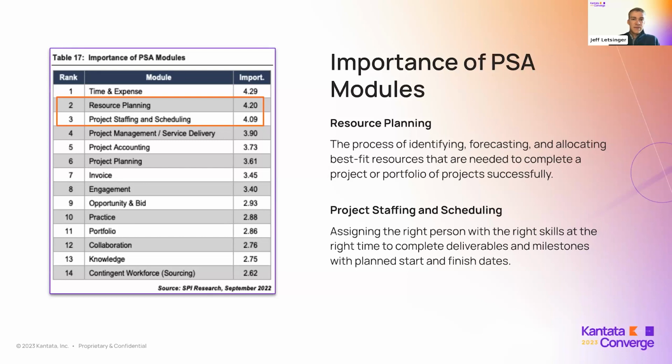The respondents in that survey, you'll notice I've highlighted number 2 and number 3 on this list: resource planning, project staffing, and scheduling. That's 2 of the top 3 modules that your peers, professionals in the services industry, are ranking as the top value that we think we should be achieving when we implement a PSA.